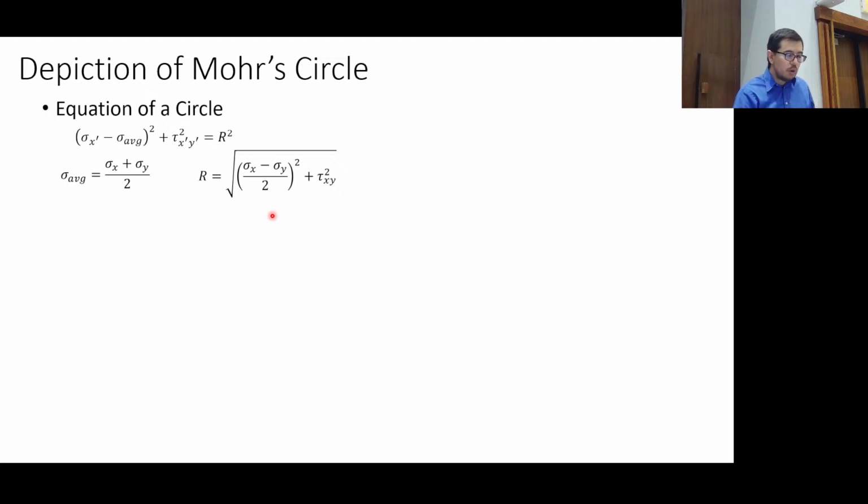So often these circles get drawn using sigma x, sigma y, and tau xy. If I know those, I can figure out r squared and the offset, so you can draw the Mohr circle. We'll keep going.